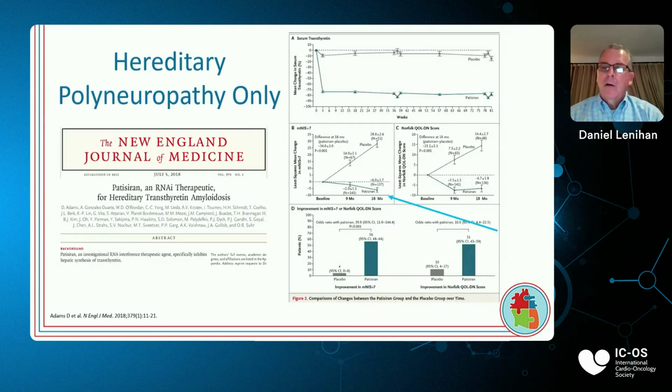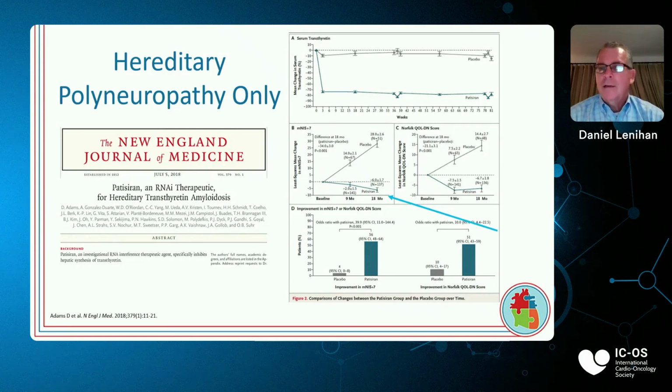And then why is it so important? Because therapies, at least in the United States, the determination of what therapies are possible right now are determined by whether or not there's a hereditary TTR. So the next couple of publications I'm going to show are drugs that are indicated for hereditary polyneuropathy only.